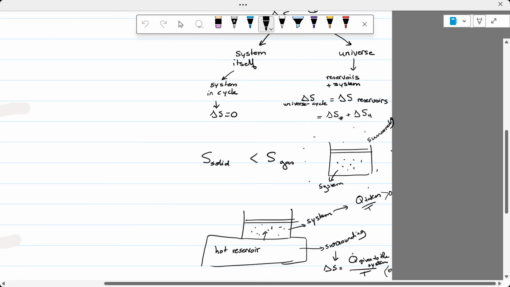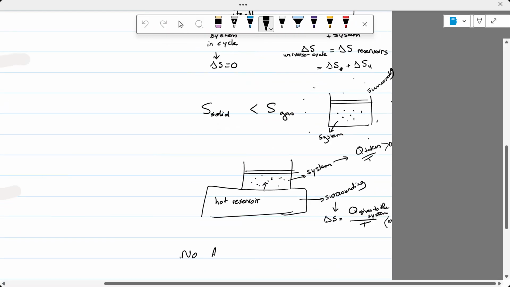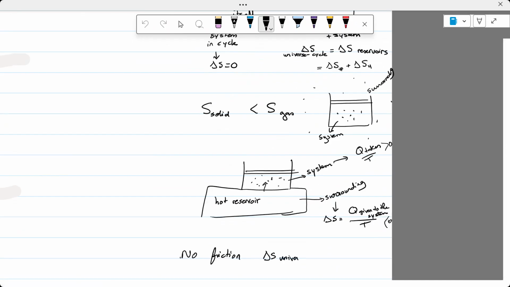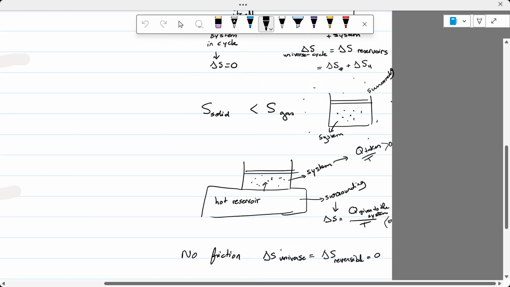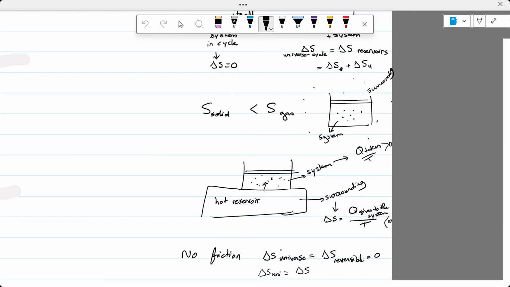And if you add both of these, and let's say there was no friction, so there's no other surrounding taking any energy, you would end up with delta S equal to 0. So if I have no friction, delta S of the universe is equal to delta S of a reversible process, and this is going to be 0. It makes sense if you check the calculations I have here. It's going to be delta S of the surrounding plus that of the system.